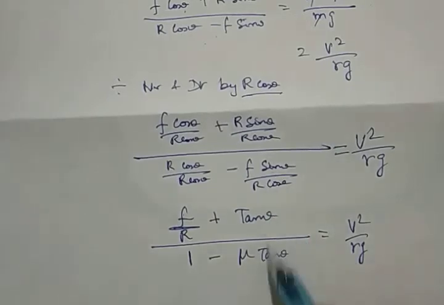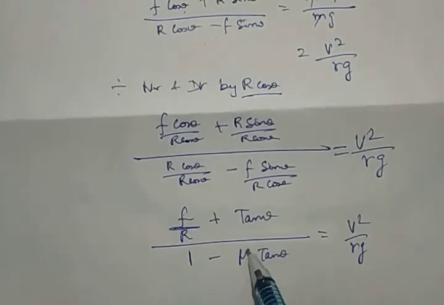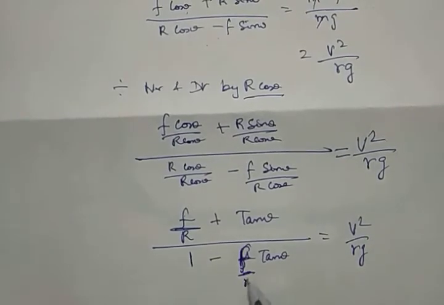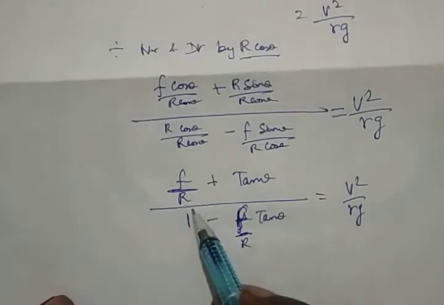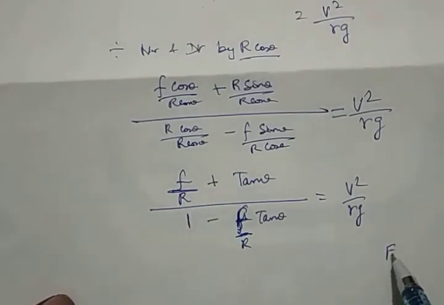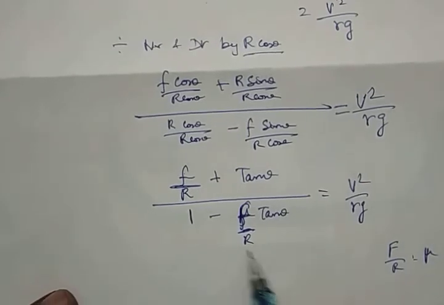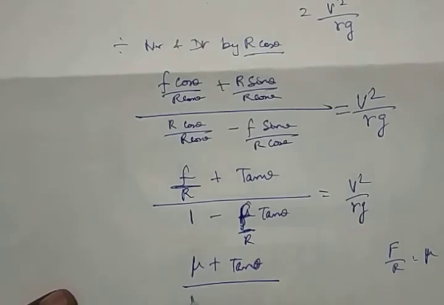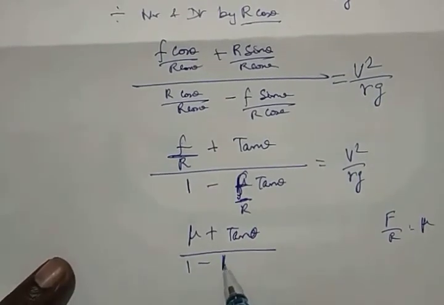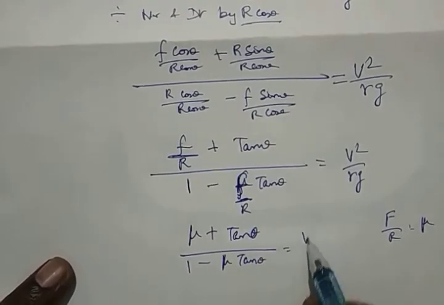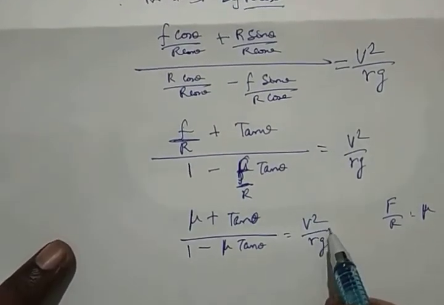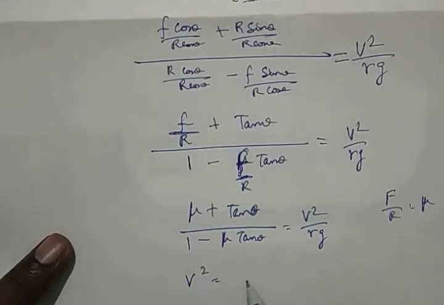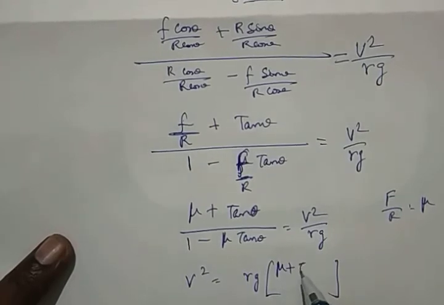So here I need not write mu, I will write it as F upon R itself. Okay, you need not get confused. F upon R is equal to mu, you already know. So you can write it as mu plus tan theta upon 1 minus mu tan theta is equal to v square upon rg. We need to find out only v. V square is equal to rg times the bracket of mu plus tan theta upon 1 minus mu tan theta.